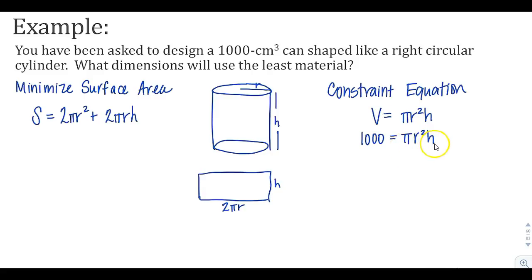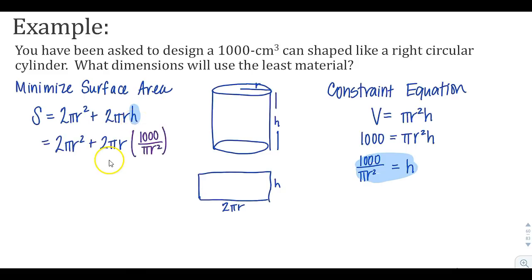So what I'm going to go ahead and do is solve this constraint equation for h. So I'm going to divide by pi r squared on both sides. So 1,000 divided by pi r squared is equal to h. And then I'm going to take that quantity and substitute it into the equation I'm trying to minimize so that it's all in terms of the same variable.